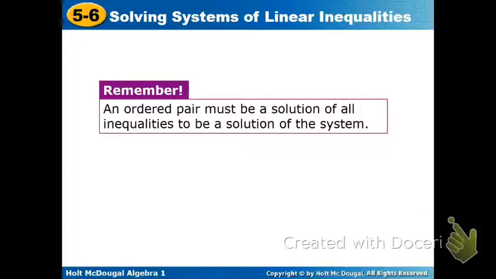Just a real quick note there. Remember that an ordered pair must be a solution of all of the inequalities to be a solution to the system. It has to work in both of them in order for it to be an answer to both.